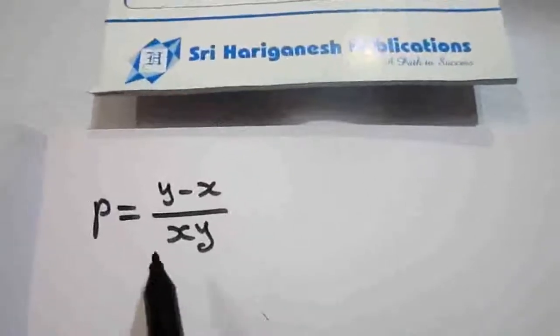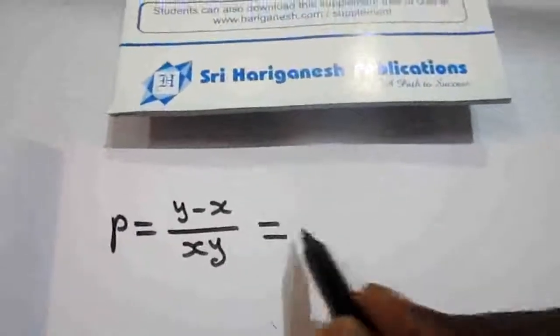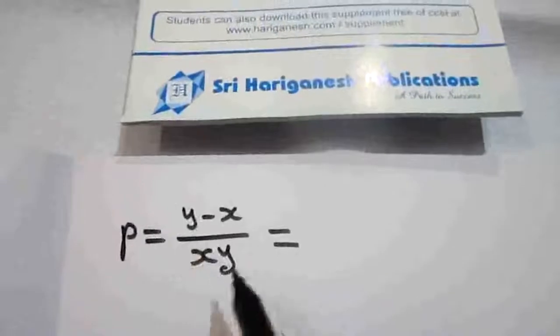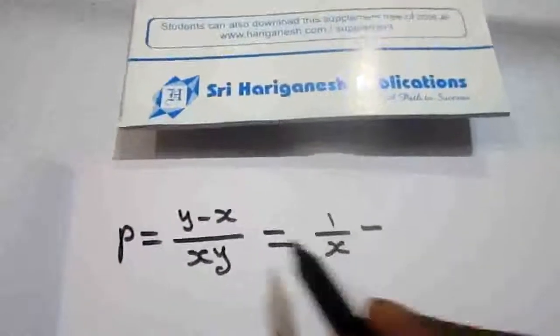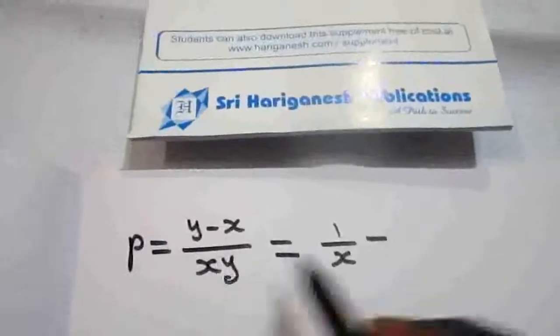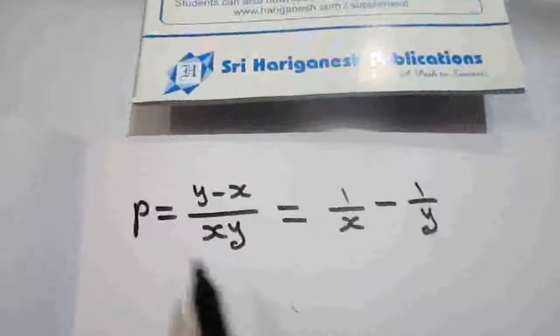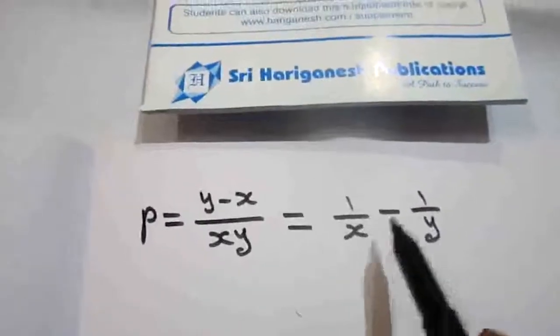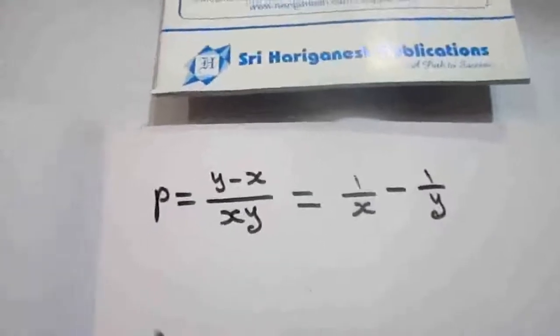Now that p, (y minus x)/xy, can be rewritten as y by xy, y cancels, that means 1 by x, minus x by xy, x cancels, 1 by y. So now p can be rewritten as 1 by x minus 1 by y. Now I am going to differentiate partially with respect to x.